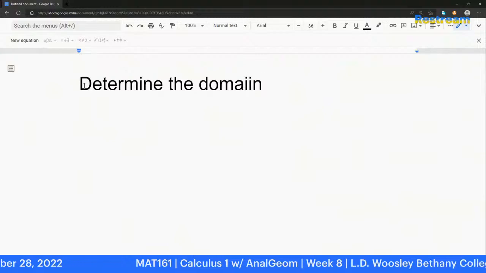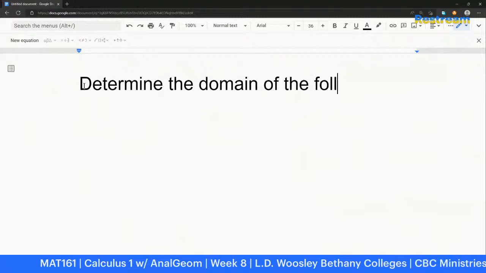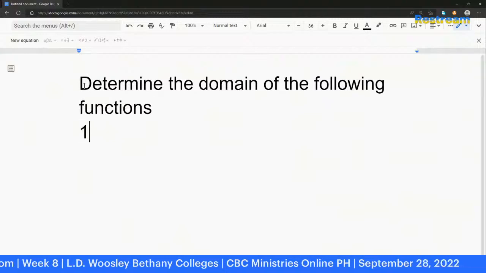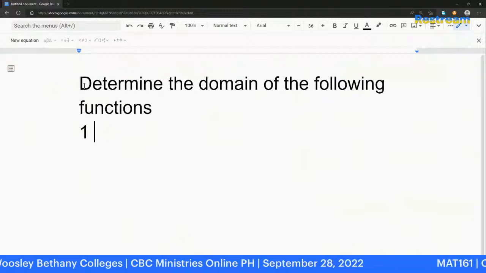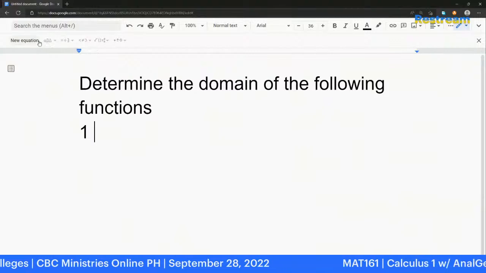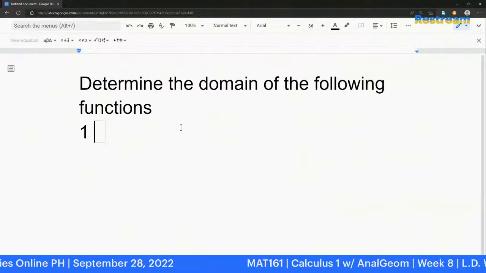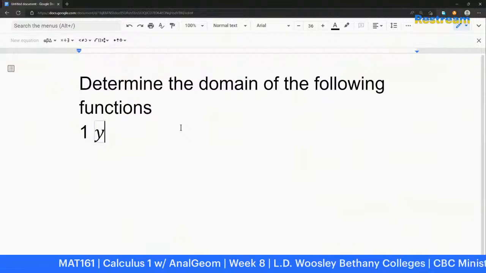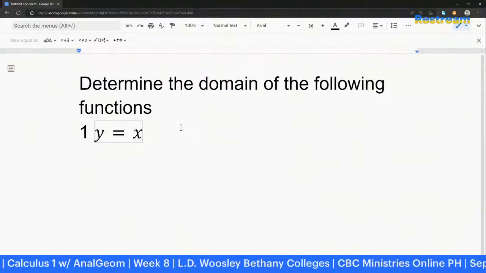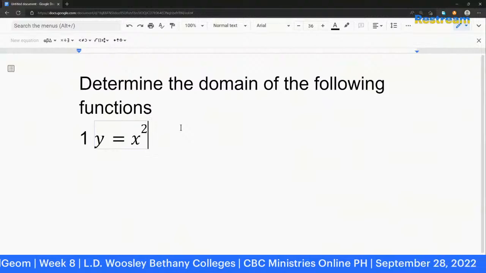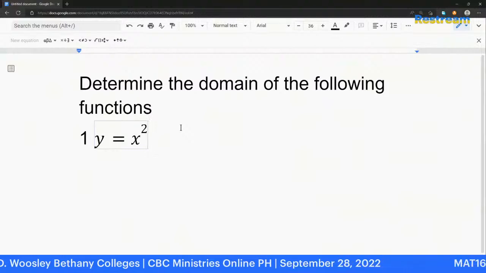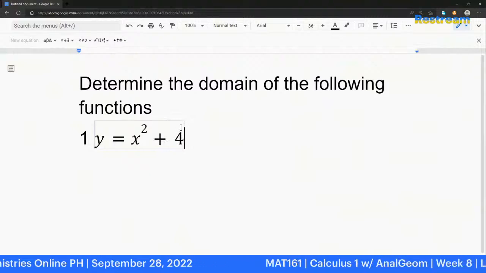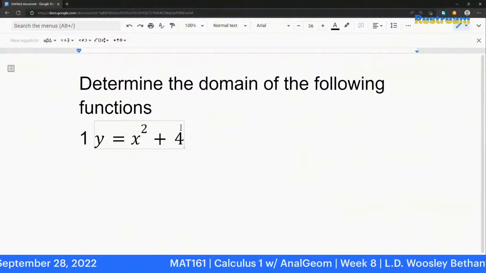Is it clear? Domain of the following functions. Yes po, sir. Right? So number 1 is for Nora. Let me add a new equation here. So just tell me the domain right away verbally, or perhaps you may have time to compute. Okay, this is for Nora. Can you state the domain of this function?